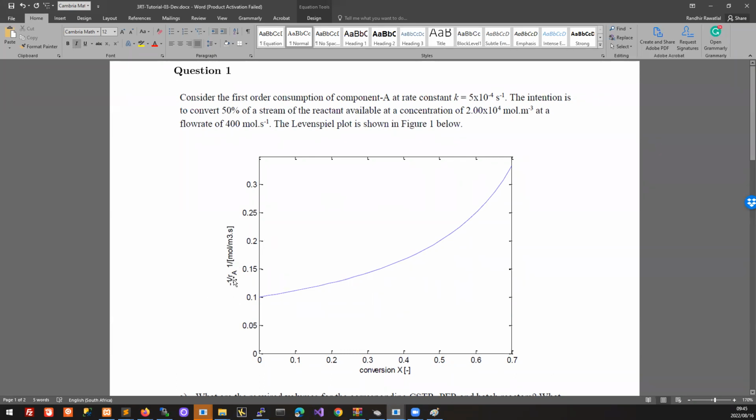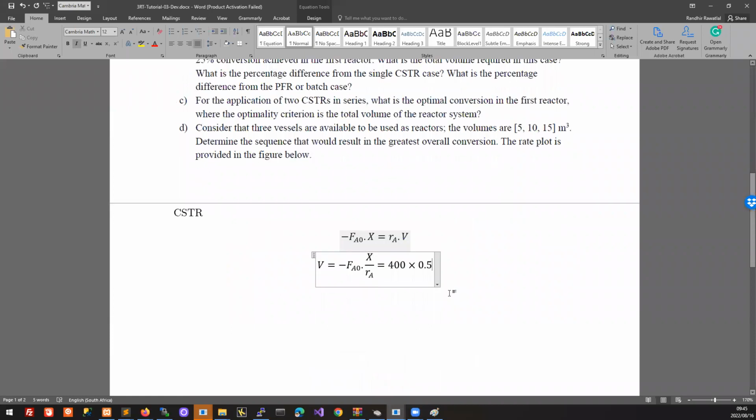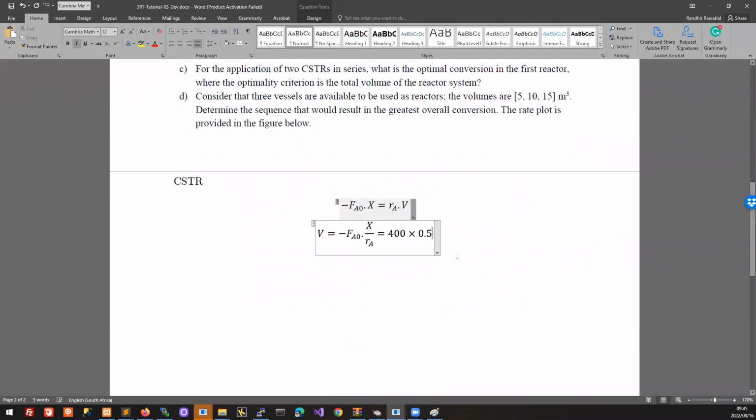This is written as minus 1 over RA, so we multiply by 0.2, and since it's a minus RA, we can let those two cancel. So that's the volume that we need. The volume of the CSTR is calculated as simply as this, which is 40 cubic meters.